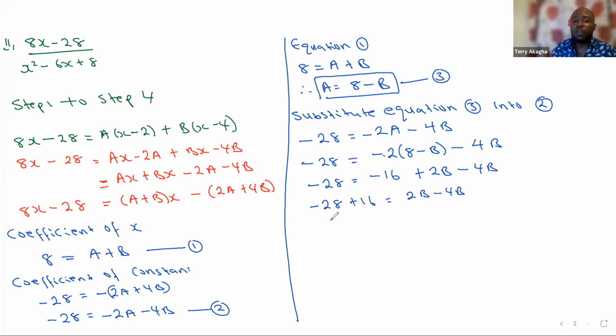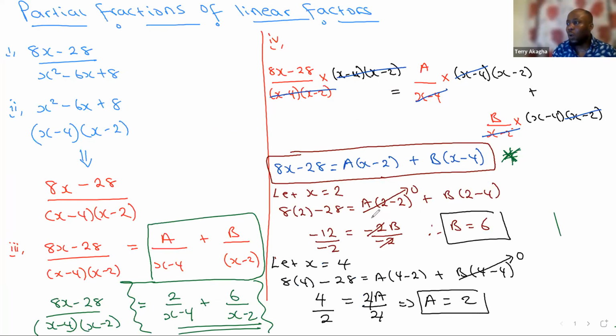Minus 28 plus 16 will give you minus 12. 2b minus 4b will give you minus 2b. So you notice that it's exactly the same thing we got here when we were looking for b. Can you see? It's exactly the same thing we got here.